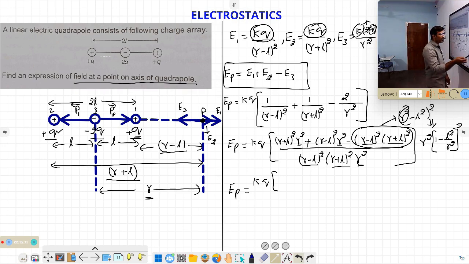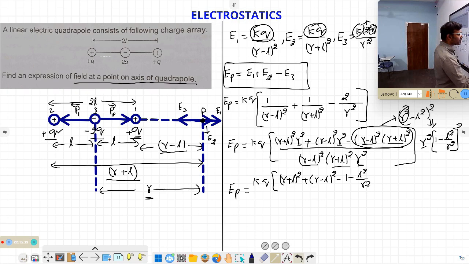If you take R square common here and here, after cancellation with the denominator, we are going to get (R plus L) whole square plus (R minus L) whole square, minus (1 minus L square by R square) whole square, total divided by (R square minus L square) whole square.